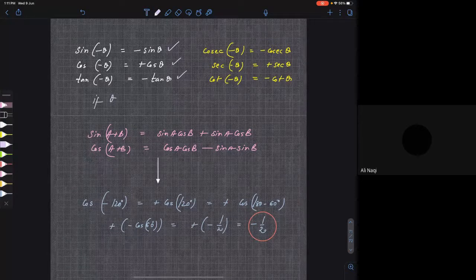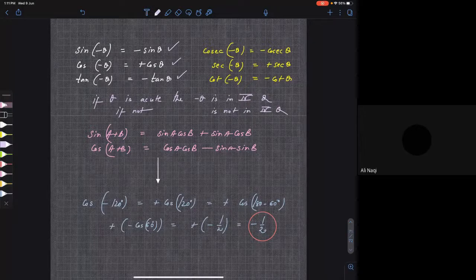If theta is acute, then minus theta is in fourth quadrant. If not, then this is also not. Are you getting my point?